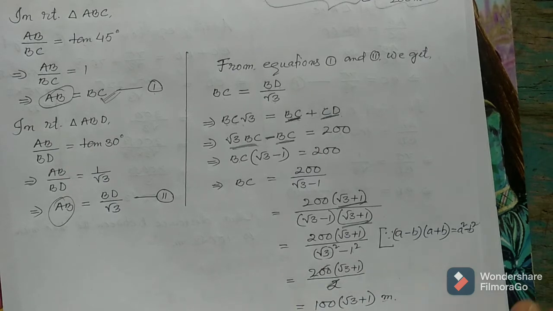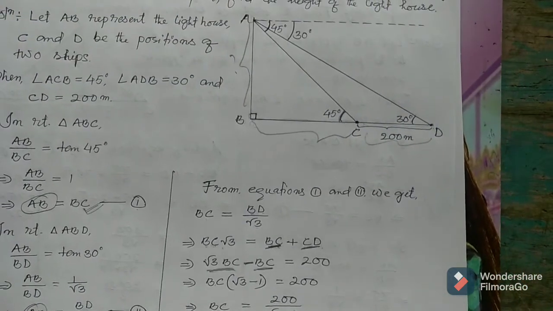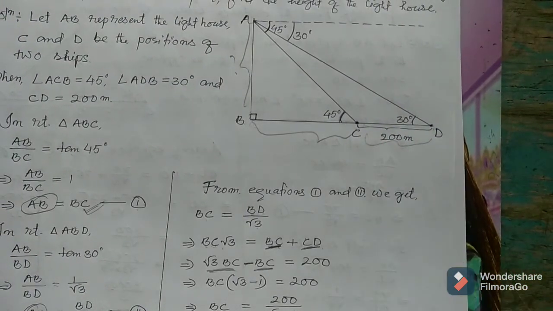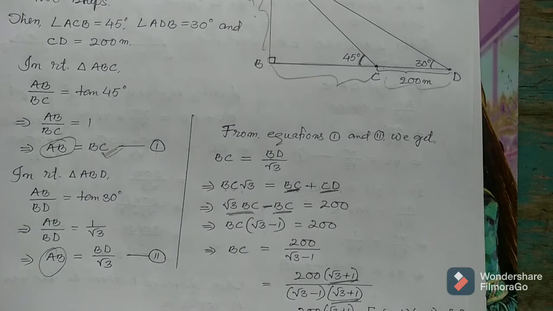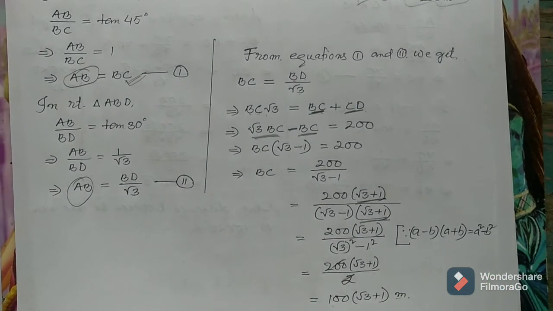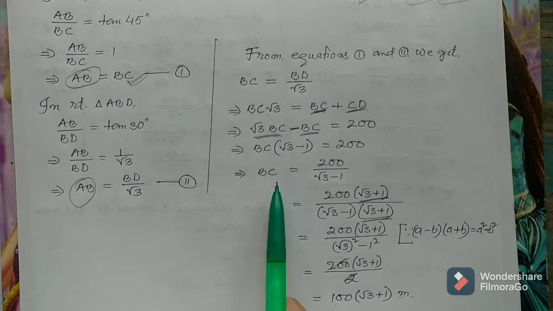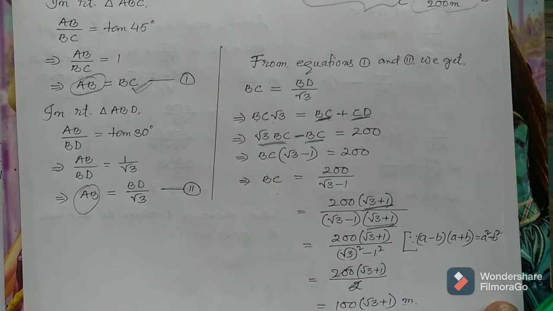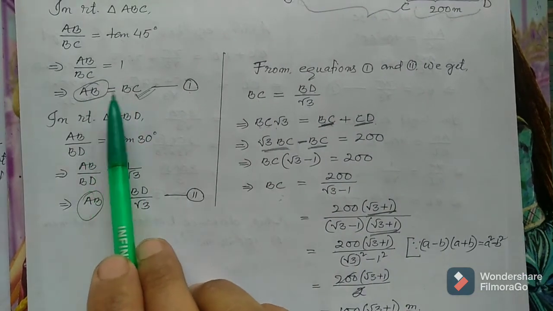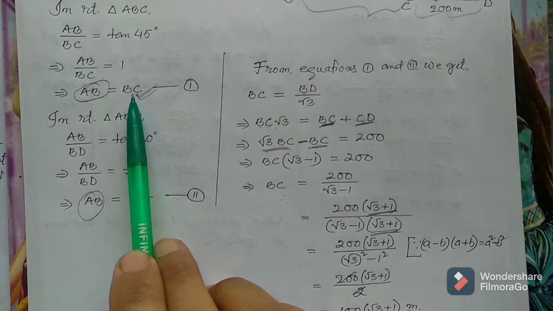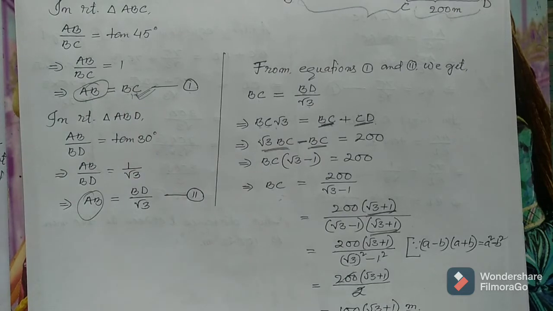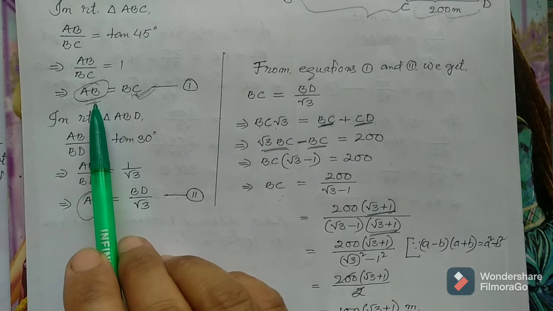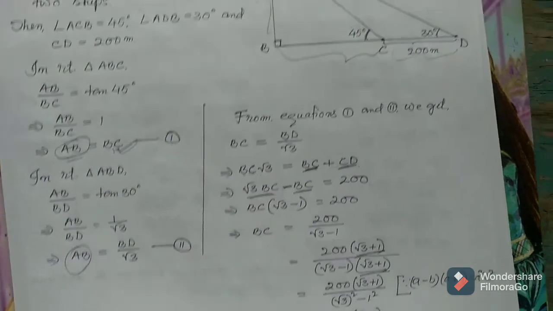Why I write meter? Because the distance between two ships is given to be 200 meter. So now we get BC. So we can see from equation number 1, BC and AB are same, equal. So if BC is 100 whole into root 3 plus 1, definitely AB also 100 whole into root 3 plus 1.